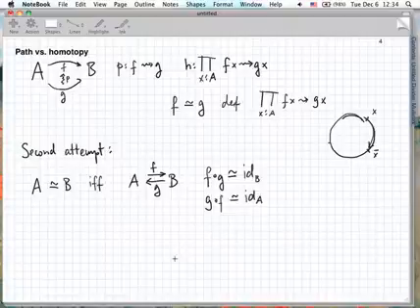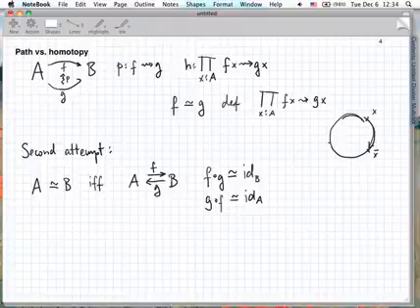That's a weaker definition because you can easily show that if you have a path from f to g, then you have a homotopy from f to g. The other way around, you need extra assumptions. So this is a weaker definition now.